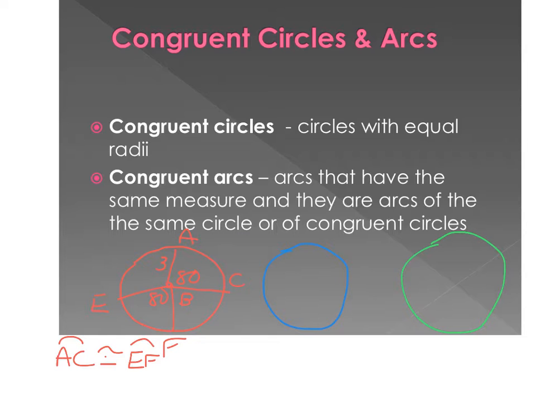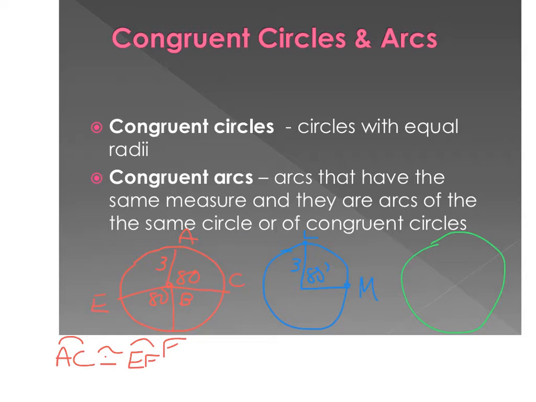Now I could draw in my blue one. I could draw in a radius length of 3, an angle measure of 80. I could call this point L and this point M. Notice by my definition of congruent circles, circles with equal radii are congruent. They both have a radius length of 3, so my red and blue circles here are congruent.